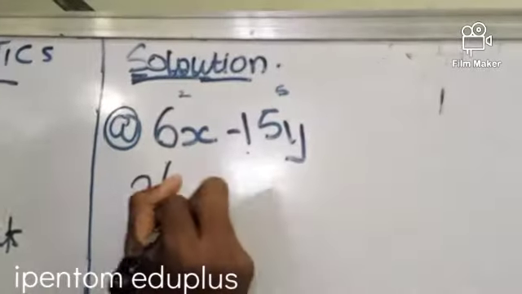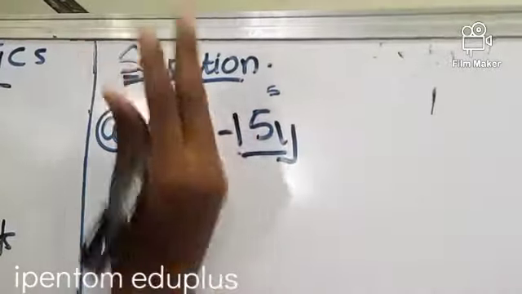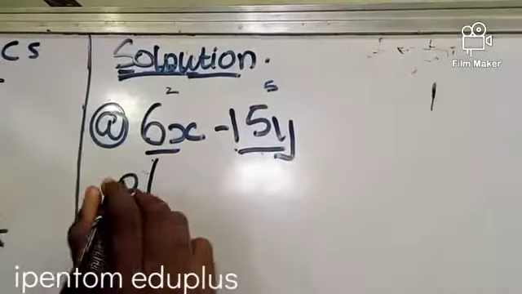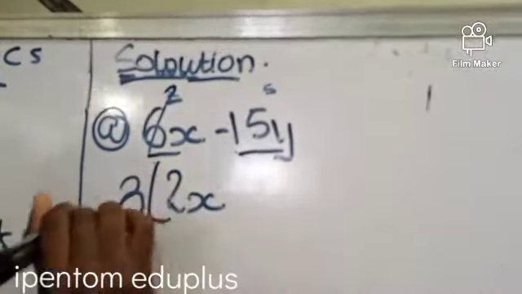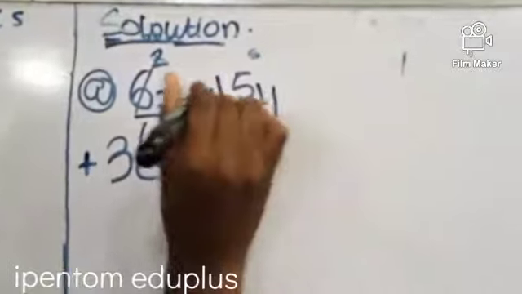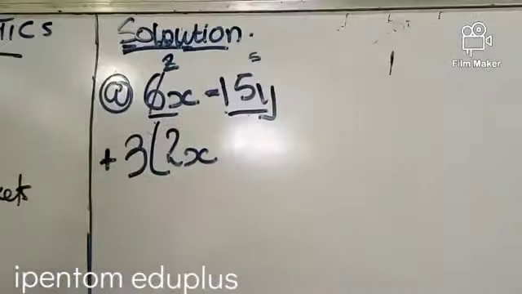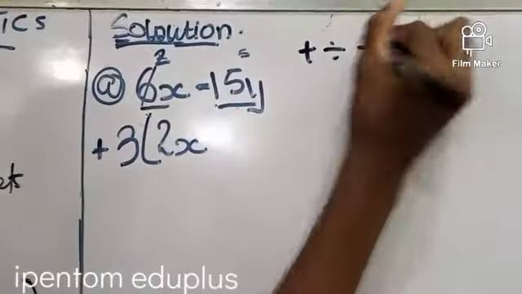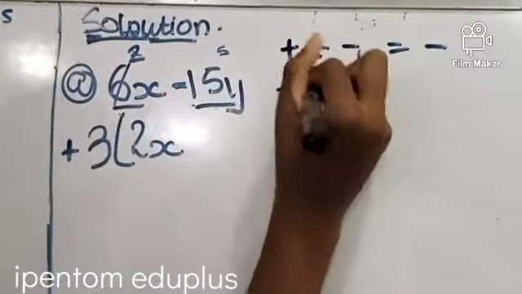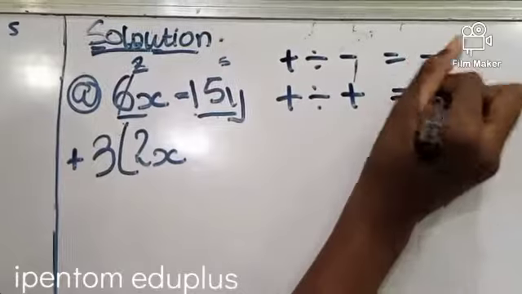So you open a bracket because these are two items. And 3 in 6, as I said, is 2. So it will be 2x minus. Don't forget what I said before. Plus divided by minus is equal to minus. Plus divided by plus is equal to plus.